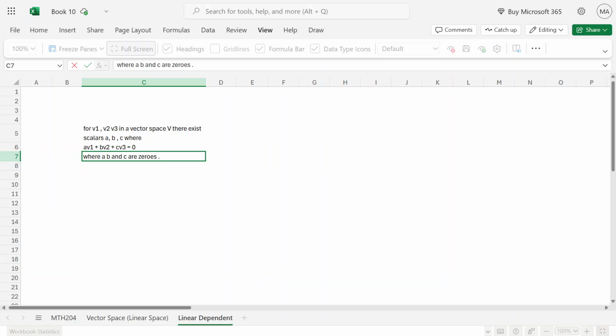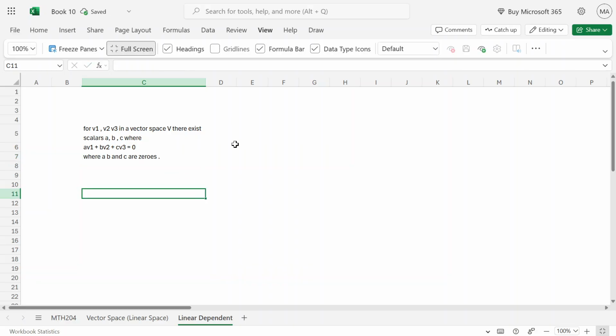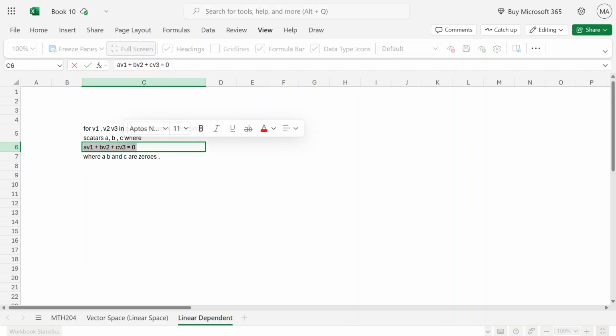So if you are given a system of vectors, a list of vectors, and they ask you to test if they are linearly dependent or not, you bring in some scalars, your a, b, c, then you multiply and form a formula like this. After solving the formula, if a, b, and c are all zeros, then your system is linearly independent.